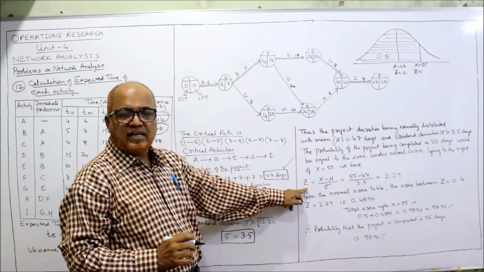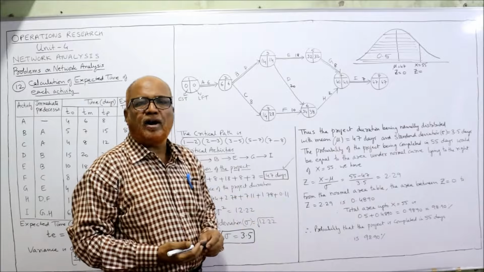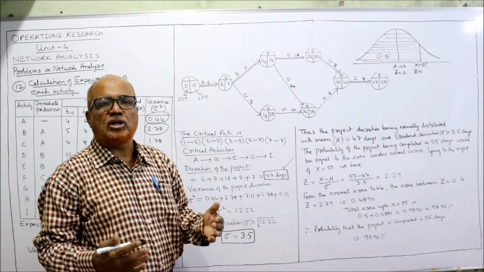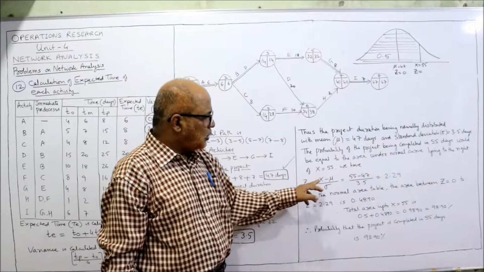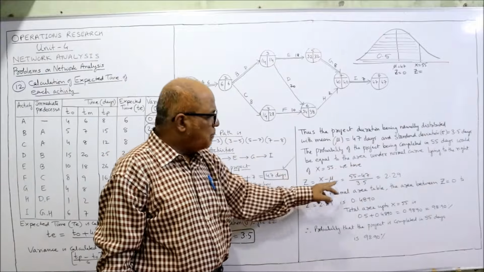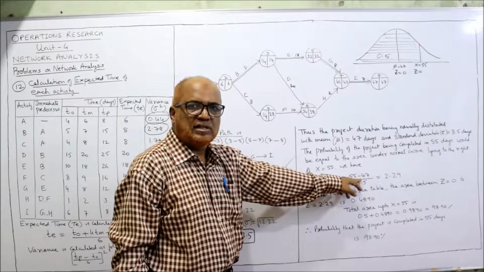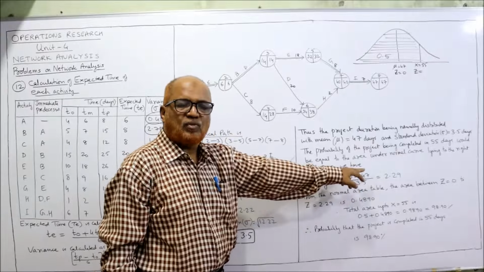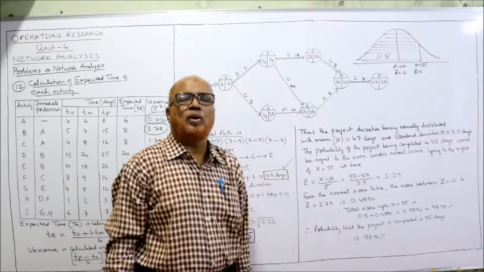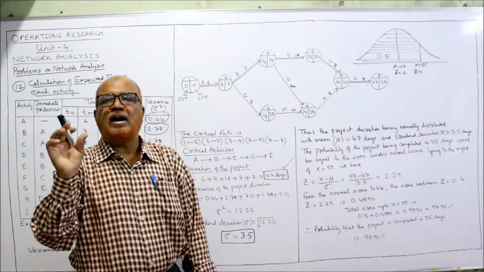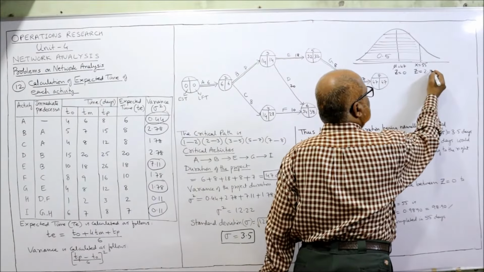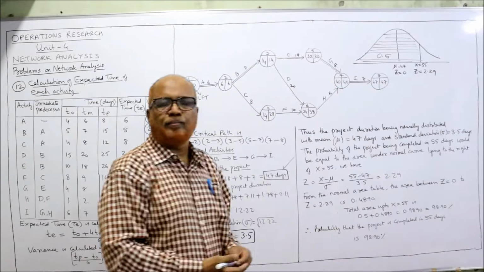What is the formula for z? X minus mu divided by sigma. X is the new duration, 55 days. Mu we have calculated as 47. Standard deviation calculated as 3.5. So 55 minus 47 divided by 3.5 gives 2.29. So when x is equal to 55, z is equal to 2.29.